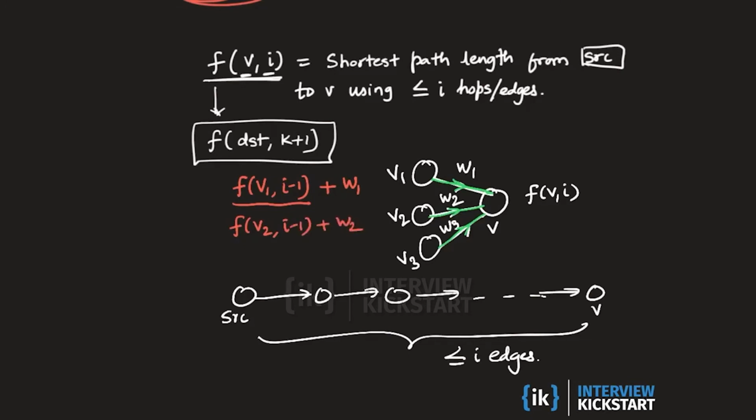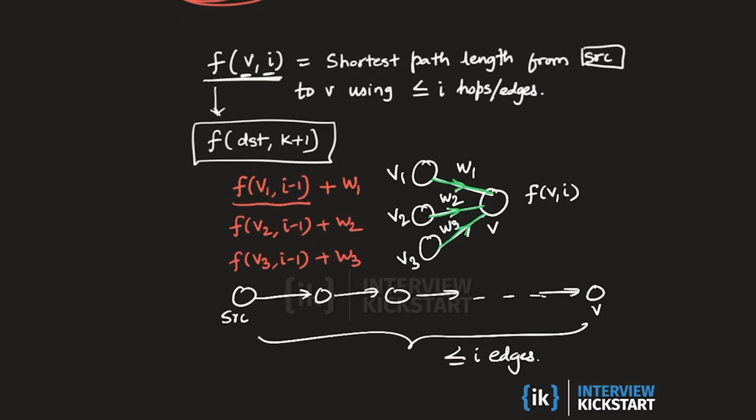And if the shortest path had come in using the third edge, then the total cost of that path would have been f of v3 comma i minus 1 plus w3. Now I don't know which of these three is going to be exactly equal to f of v comma i.